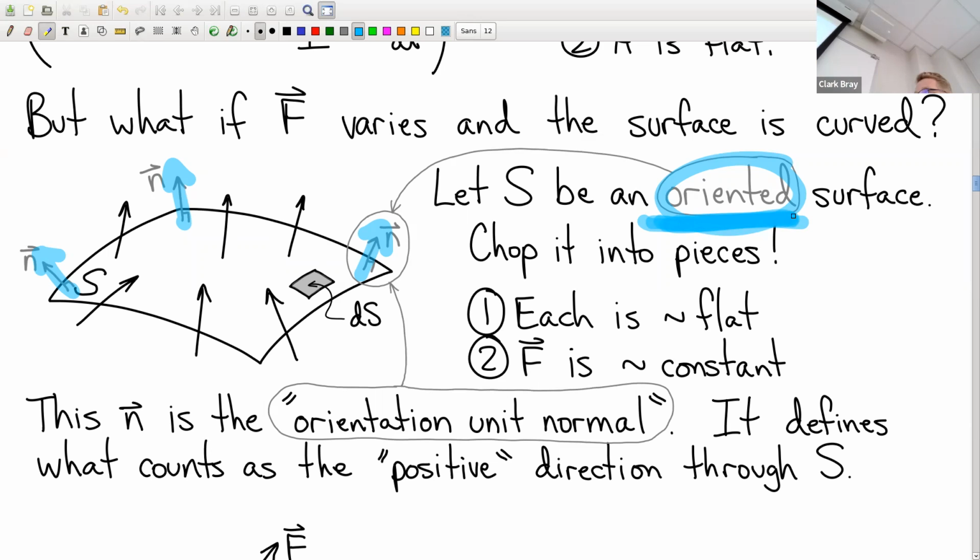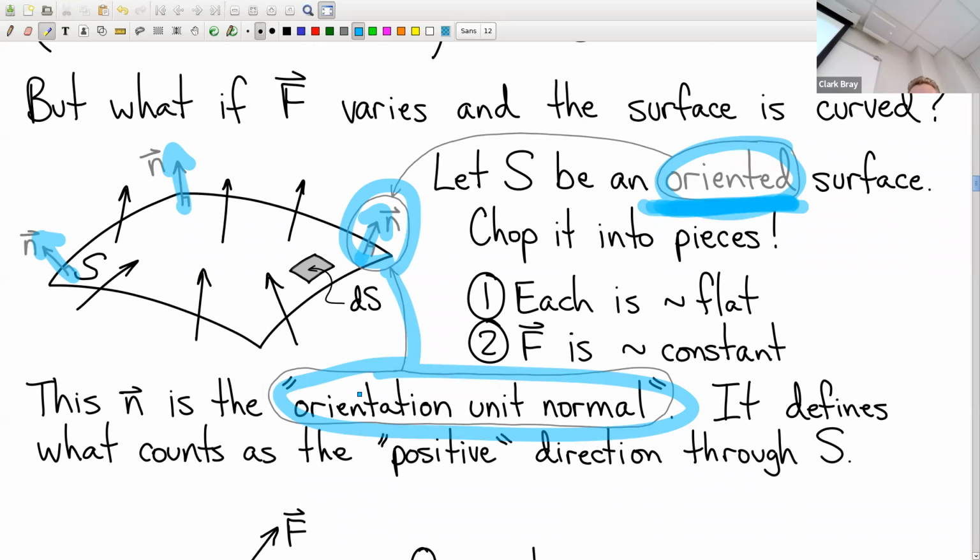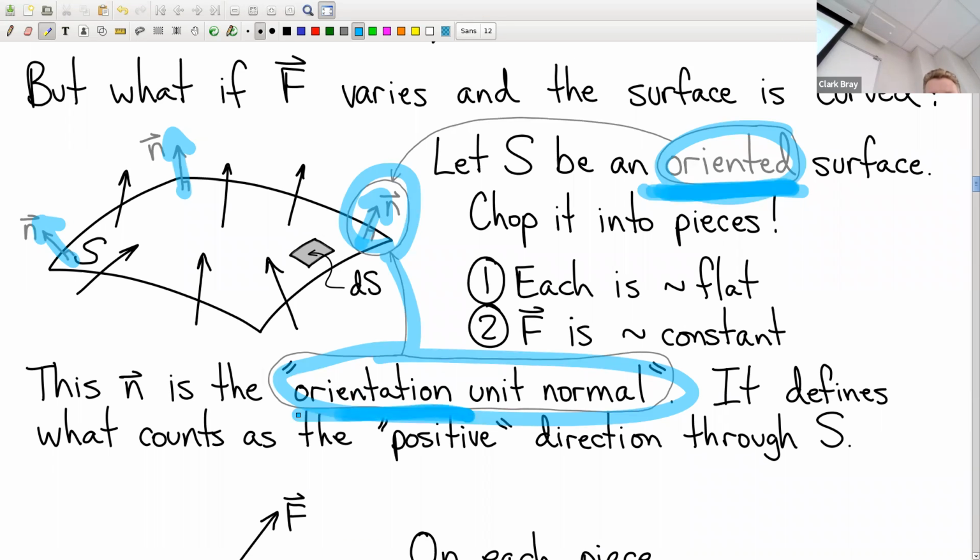You've got to tell me which way is the positive way if you want me to keep track of how much stuff is going through. And we indicate the orientation by way of a unit normal vector. I'm going to call this the orientation unit normal, because this normal vector serves the purpose of defining the orientation of my oriented surface.